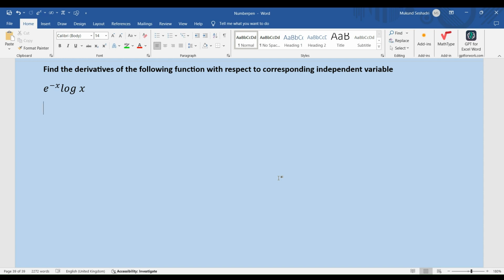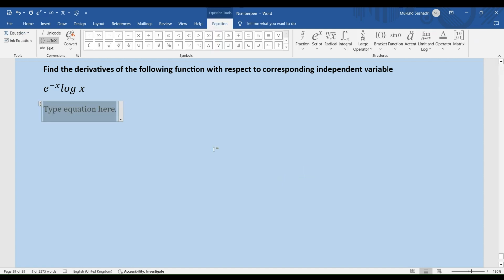So if I can call my f of x as e to the power minus x into log x, what are my u and v, right? And if I can call my u as e to the power minus x, if I can call my v as log of x, what is my f dashed, right?